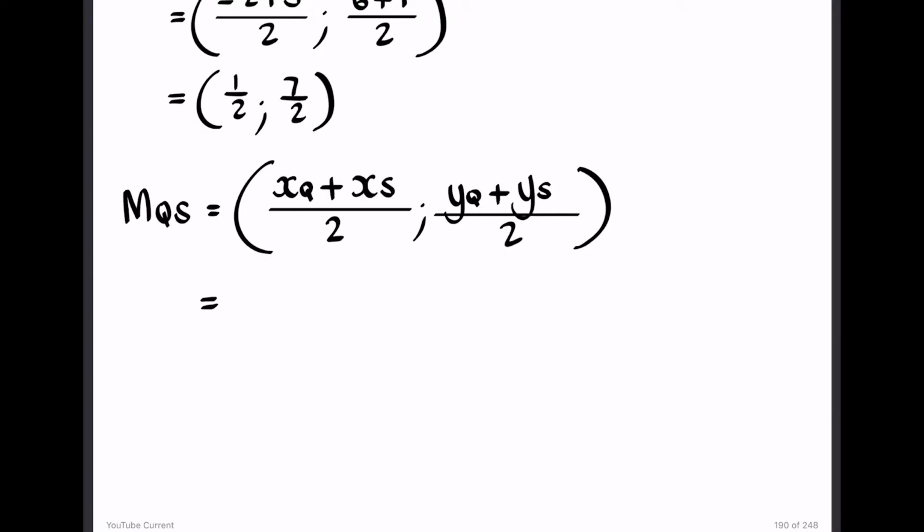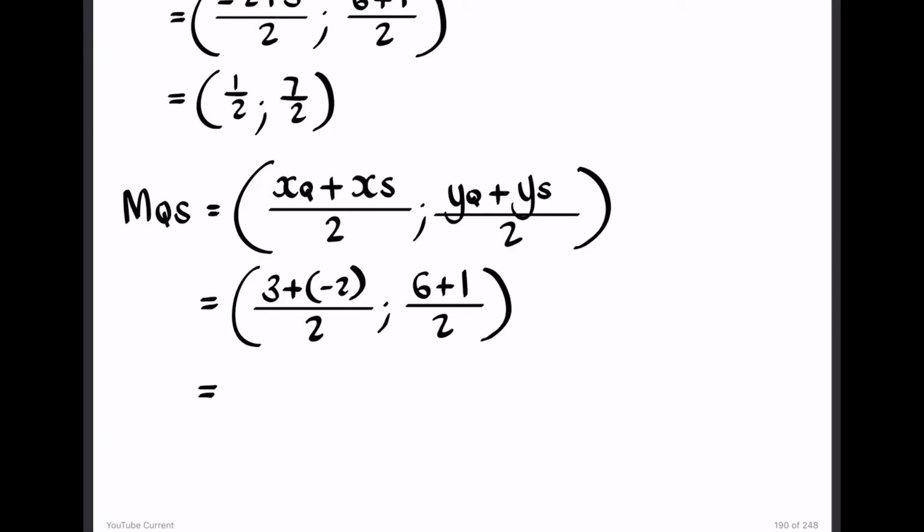All right, so the x of Q is 3 plus the x of S, which is negative 2, divided by 2. And the y of Q, which is 6, plus the y of S, which is 1, divided by 2.